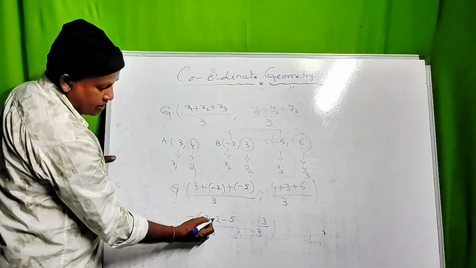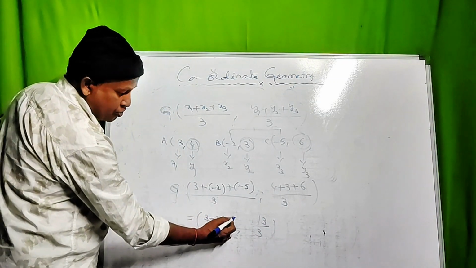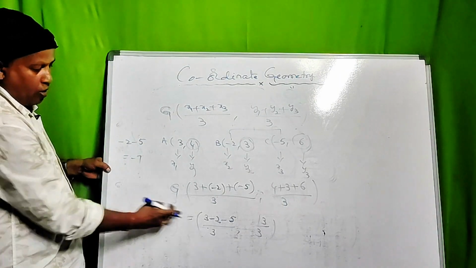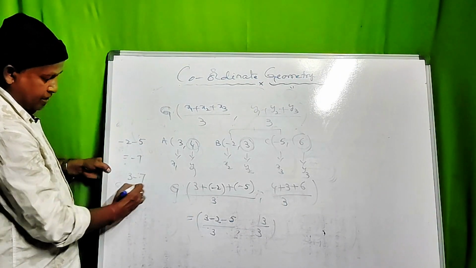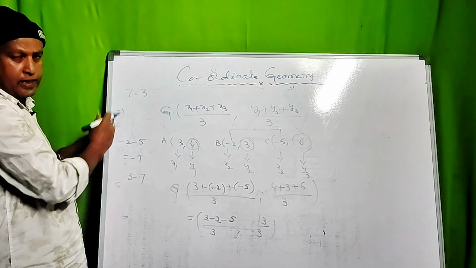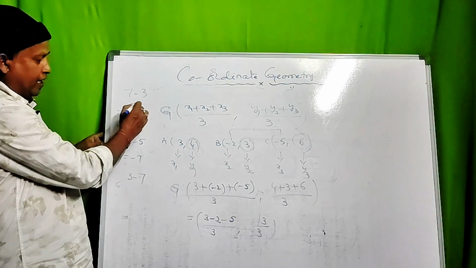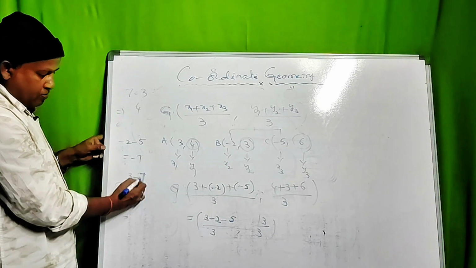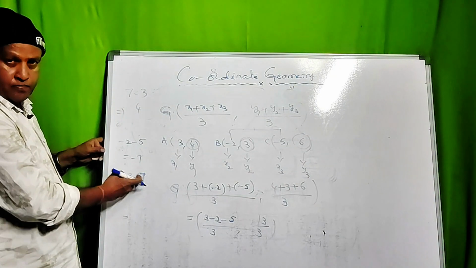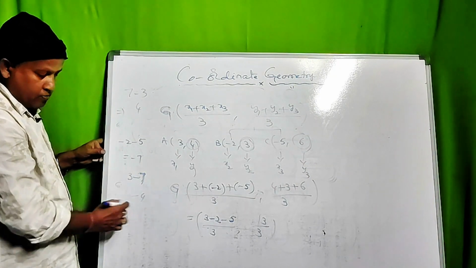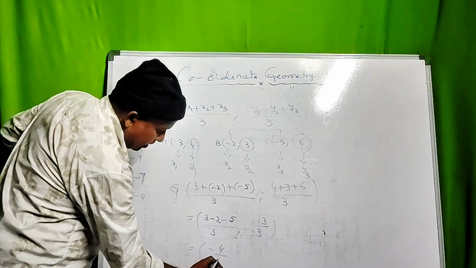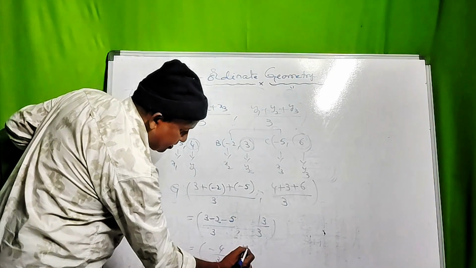Now minus 2, minus 5. How much? Minus 7. Now 3 is there, right? 3 minus 7. 7 minus 3 means everybody can answer. What is the value? 4, right? But the minus carries to the 7, no? It's a bigger value compared to these two. So that's why it is minus 4. So the value is minus 4 by 3 and 13 by 3.